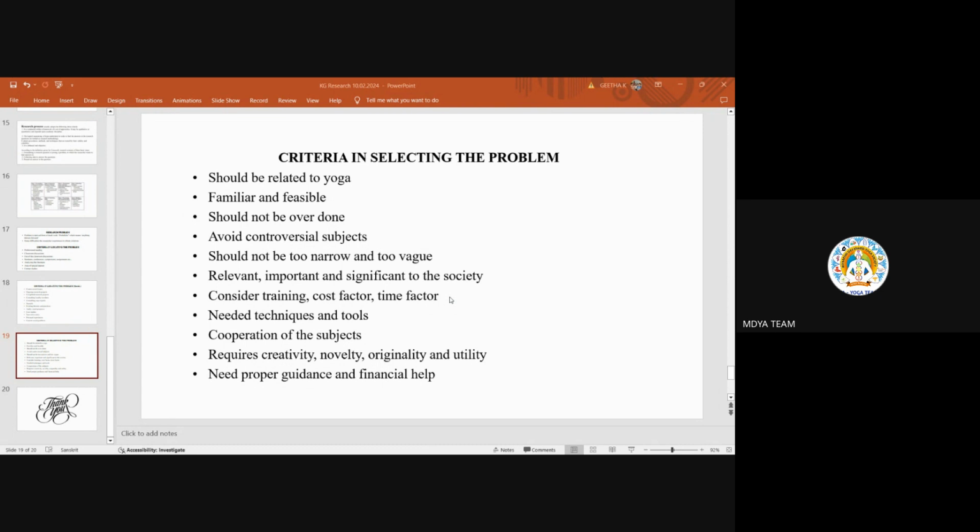And it has to be relevant. These things are only repetitions. And then you have to consider that we should have our own training. The training period should be practical. So a maximum of maybe 6 months we can give. If you put a long training, what would be the problems you will face? Can anyone say? Availability of the participants.